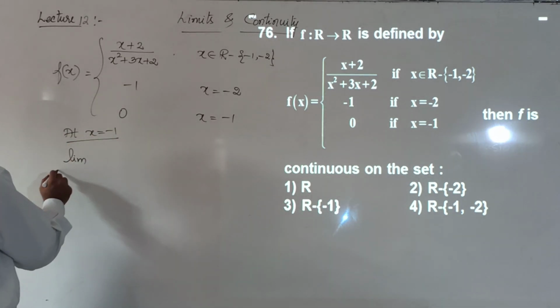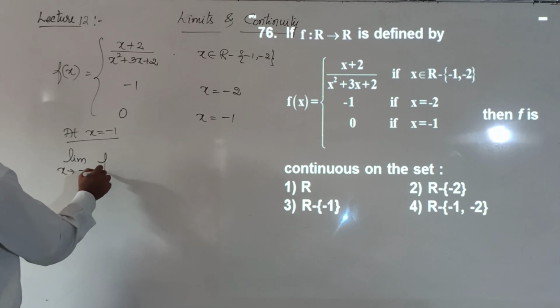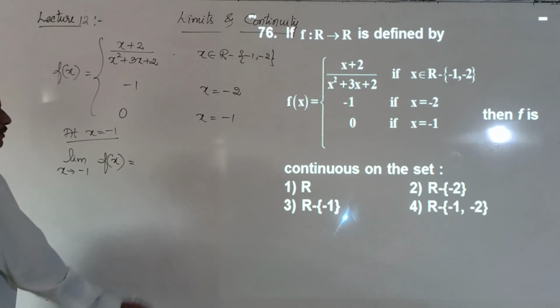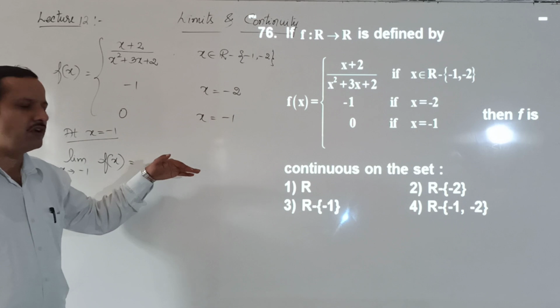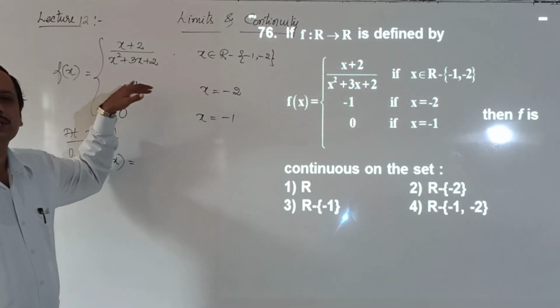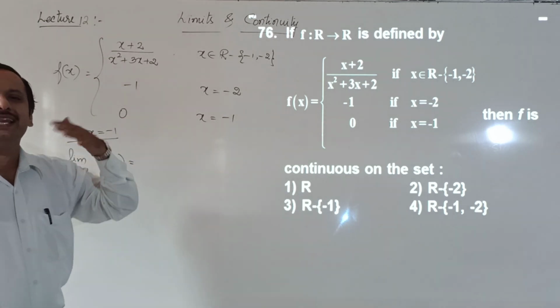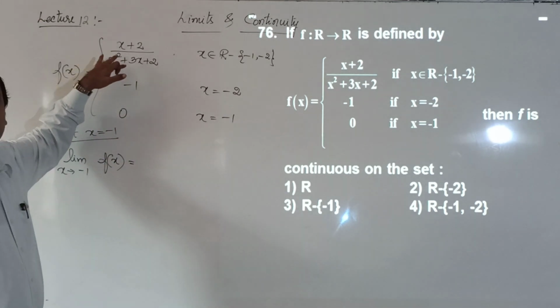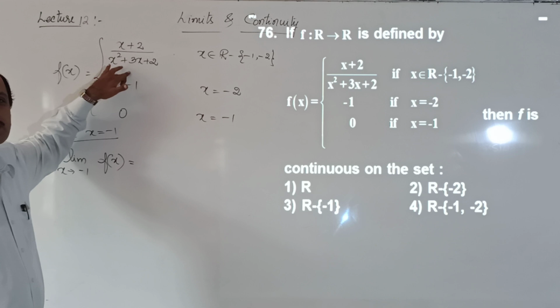So I'll go for this: limit x tends to -1 of f of x. As x approaches -1, see, when x is equal to -1, the function is defined as 0. When x is equal to -2, the function is defined as -1. Everywhere else, the function is defined as (x + 2) by (x square + 3x + 2).